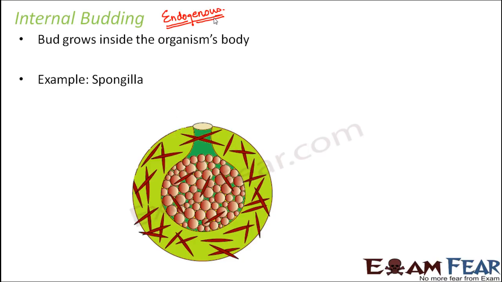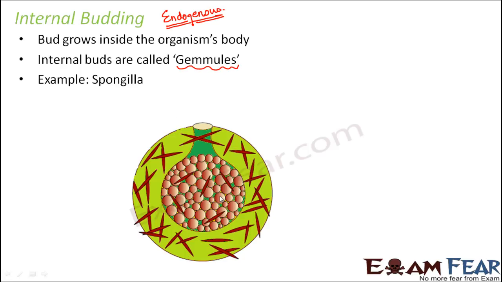If you look at the sponges, here they have a lot of small internal buds, and these internal buds are called gemmules. This is the name given to the internal buds. They are like the external buds, it is just that they are formed internally. So what are these gemmules? In case of sponges, gemmules consist of small groups of cells.